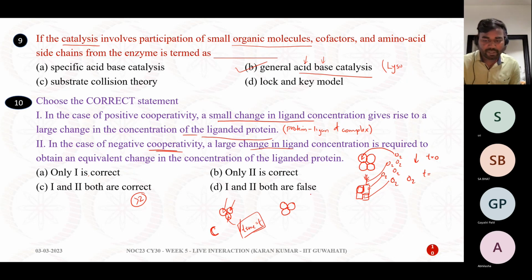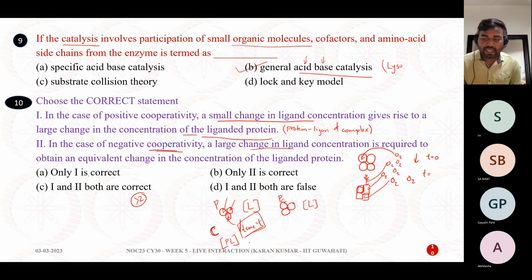But in the case of negative cooperativity, you have the same concentration of ligand molecule. This is the same protein with negative cooperativity, and this is with no cooperativity. The same concentration of ligand is given in both cases. So this will have some protein ligand concentration.